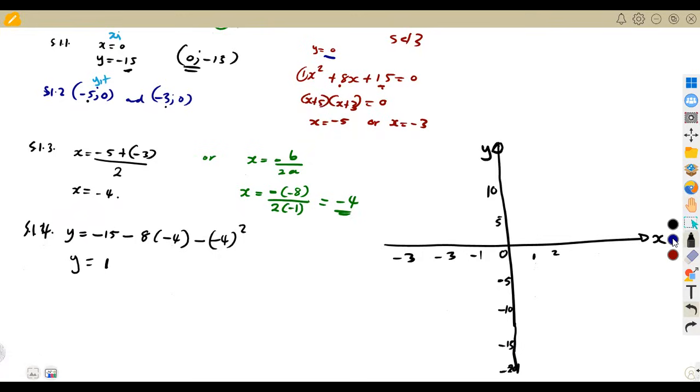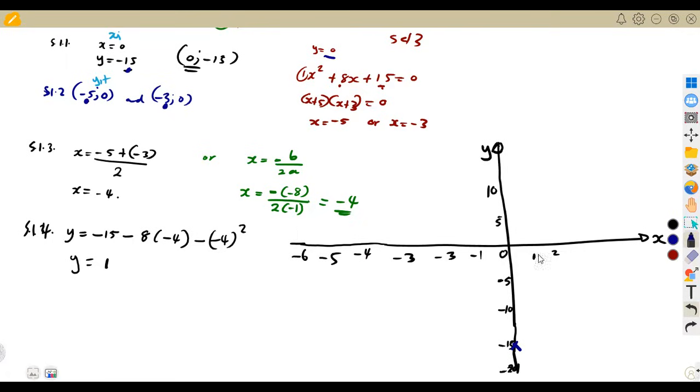All right, so you mark your points. The first point being 0, -15, the y-intercept. The x-intercepts: the x value at -5, another one at -2. Oh, so meaning we have to extend this one: -4, -5, -6.